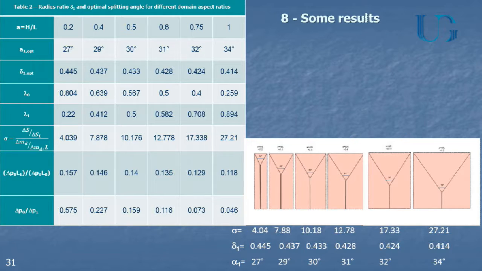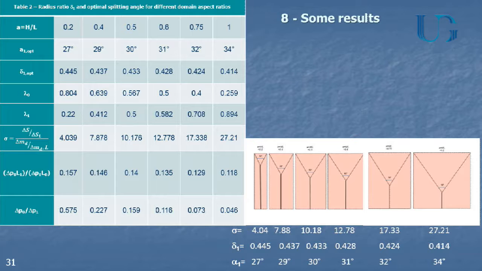The alpha 1, the optimal semi-angle of splitting, increases from 27 to 34. Okay? The delta, the ratio of the radius, which should be 0.7937 according to the Hess-Murray law, varies from 0.445 to 0.414 and depends on the geometry of the domain, which I like.